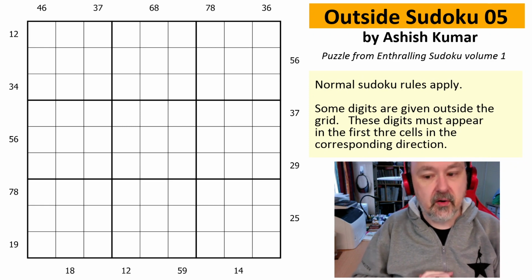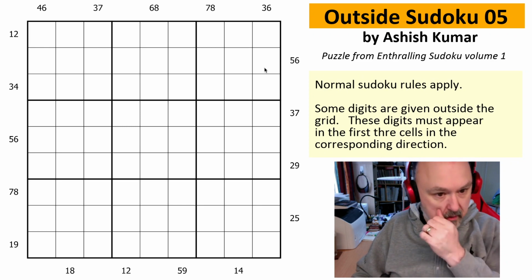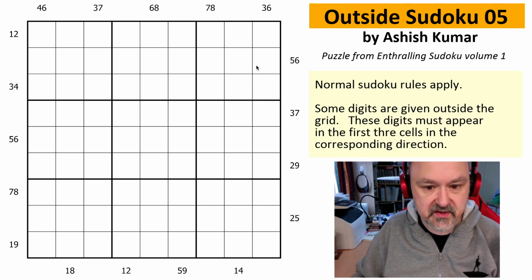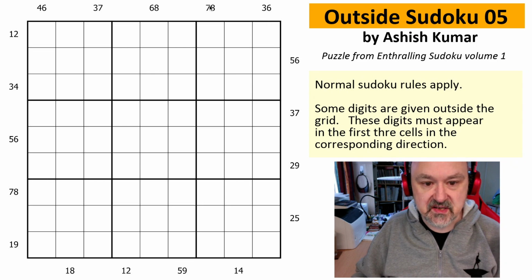Anyway, onto this puzzle. Outside Sudoku is one of my favorite constraints. It is quite a simple constraint, but I think it has some very interesting stuff built into it. In Outside Sudoku, the way it works is you have clues provided outside the grid, and those clues simply mean that, for example, looking at the 5, 6 here, it means that 5 and 6 must appear in those 3 cells.